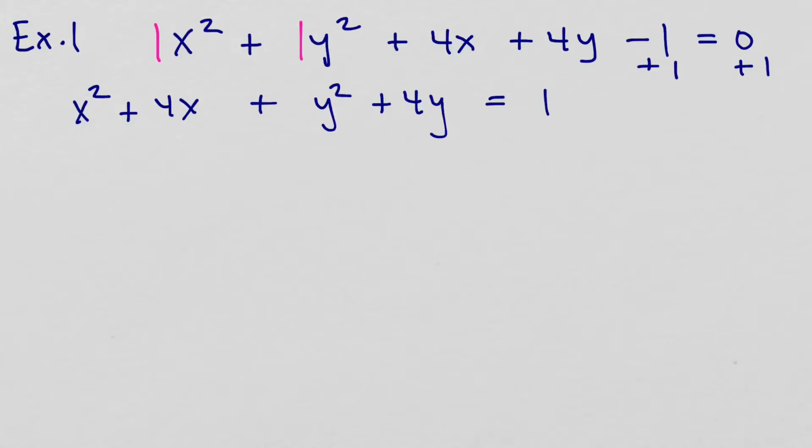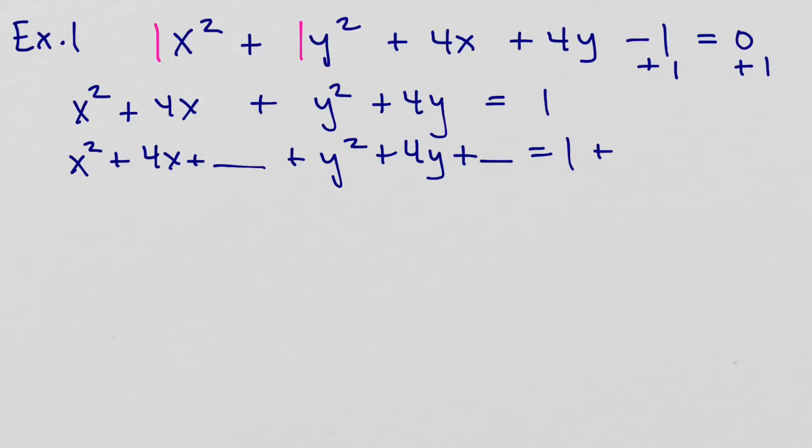All right, so then I'm going to introduce an empty blank right there, and I'm going to do it for the y's as well. And on the right-hand side, I'm going to put two blanks.